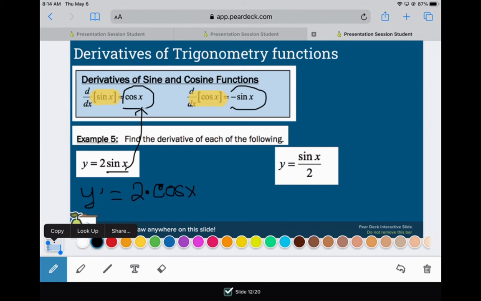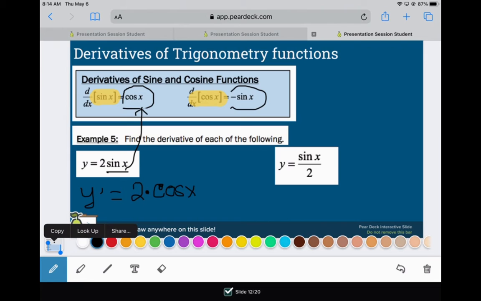Question for me, how do you feel about this? We'll look at the most basic trig functions, and we're going to just focus on sine and cosine. Because of the time that we have, we're not going to look at tangent, cotangent, cosecant, secant, and all of those. We just look at sine and cosine.